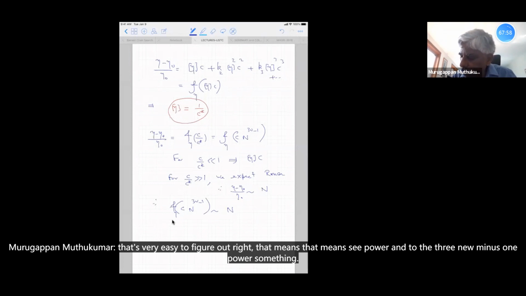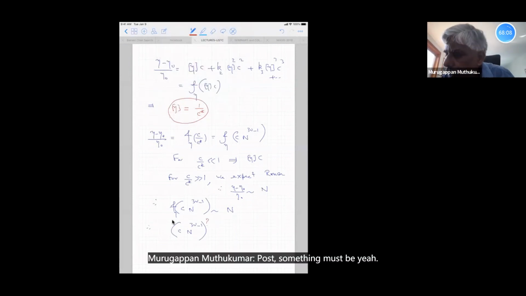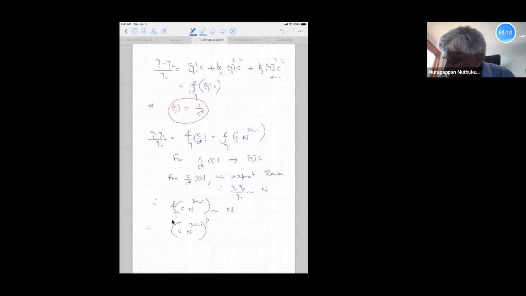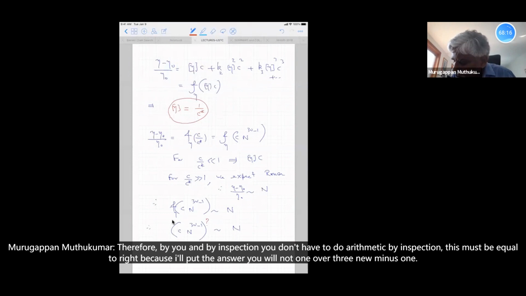That means C N to the 3 nu minus 1, to the power of something, must be N. Therefore, even by inspection, you don't have to do arithmetic. By inspection, this must be equal to 1 over 3 nu minus 1.